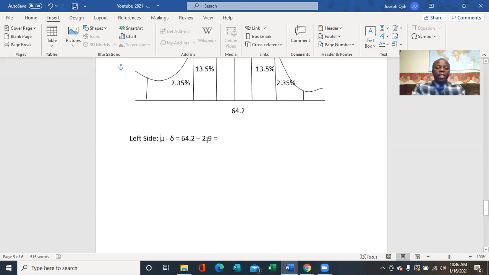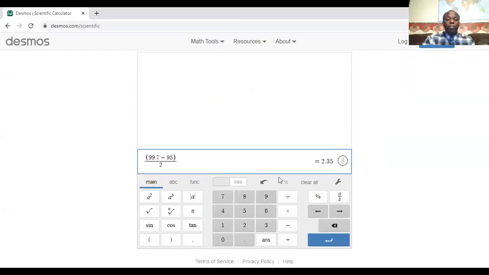So now from decimals, we can get this. Let me write this down on paper so I can work it out. We have mean minus standard deviation, which is 64.2 minus 2.9.